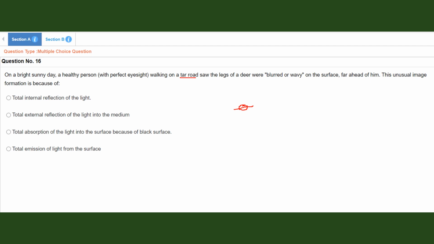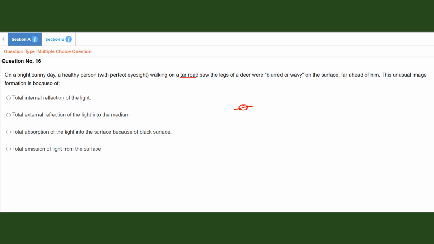So what will happen? Two mediums will get formed, and due to this, when the light reaches there, the incident light, which is supposed to get refracted, but due to the large critical angle formed, the light doesn't get refracted, instead it gets reflected into the same medium and it forms a mirage.